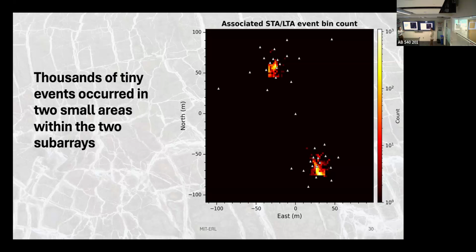You have to be close enough to these events to record them. So we are pretty sure that these things also happen at other locations of the array. It's just that we don't have dense enough stations to see them. If we had the same 5 meter station spacing everywhere, we should be able to see much more of them.